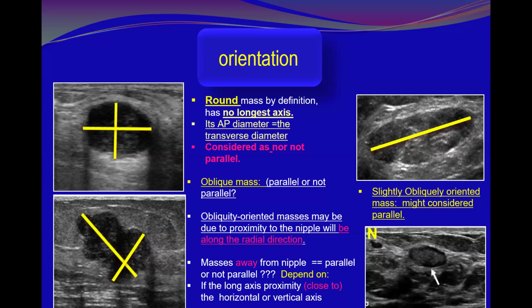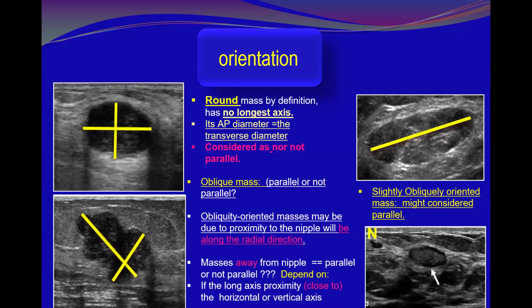By definition, you will consider it parallel, but if you see a suspicious lesion or a non-parallel one in the retroareolar region, you should not call it a parallel lesion, unless it is a circumscribed oval lesion obliquely oriented in the retroareolar region. Then you can describe it as a parallel lesion.